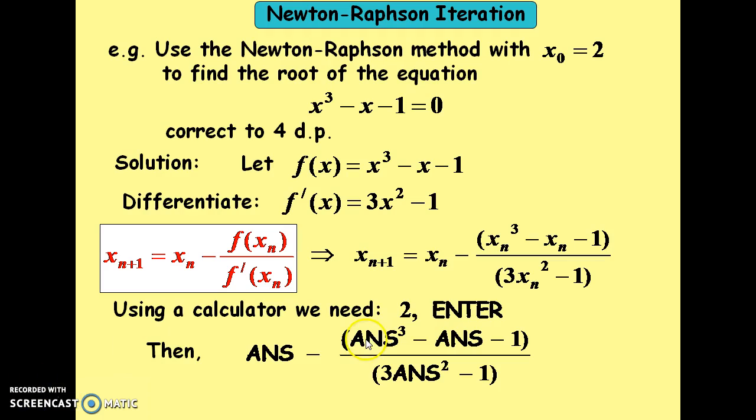In the calculator they can input 2, press enter, then use answer minus this formula, and easily get the root of the above equation, which is 1.6180, up to 4 decimal places.